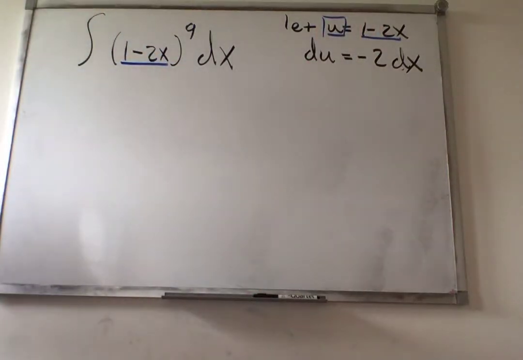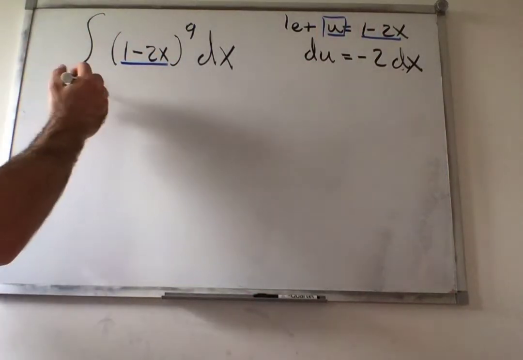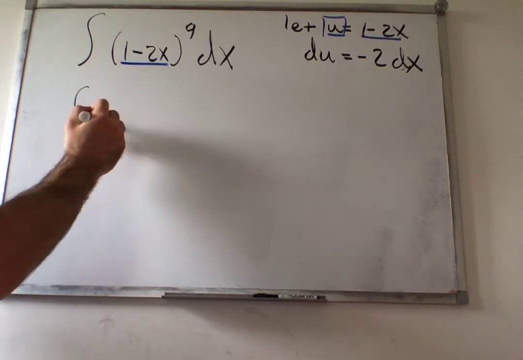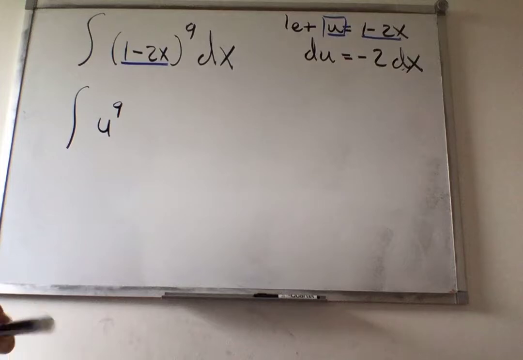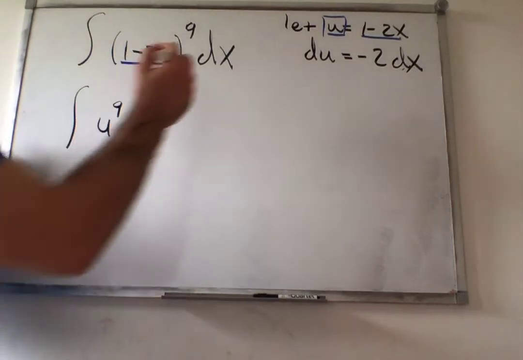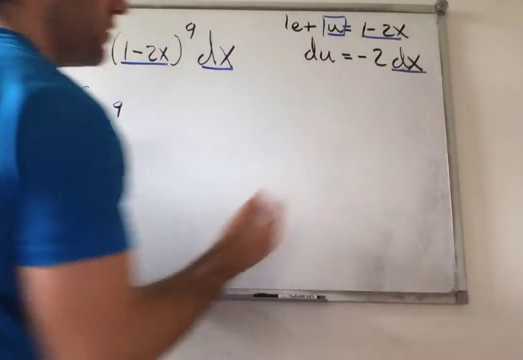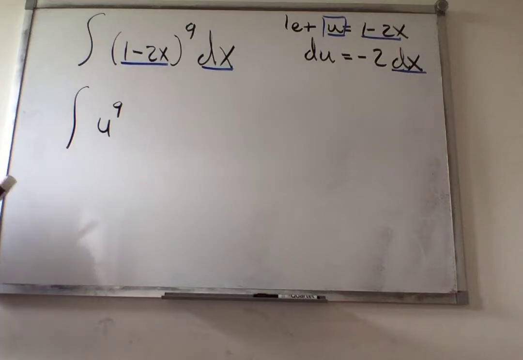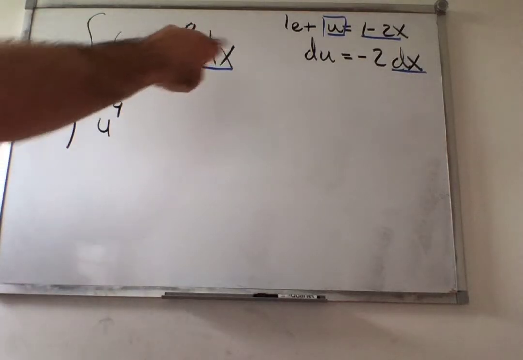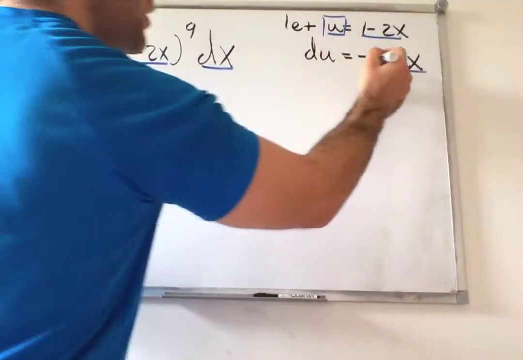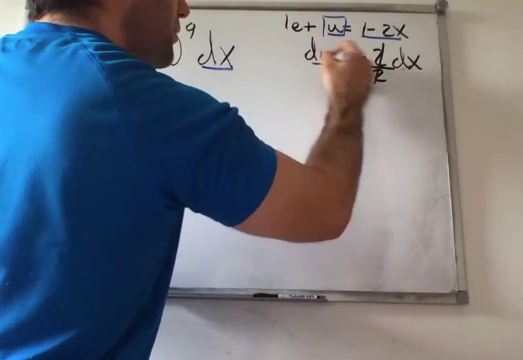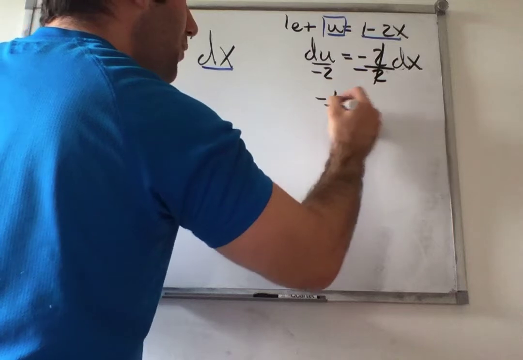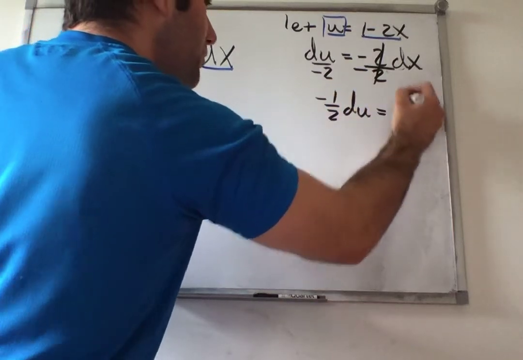So this is going to become the integral of u to the 9th power. And what I want to do is substitute dx into here. Okay? But I don't have dx. What I need to do is solve for dx over here. So I'm going to divide both sides by -2. I get -1/2 du is equal to dx.